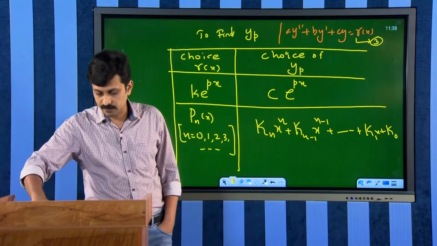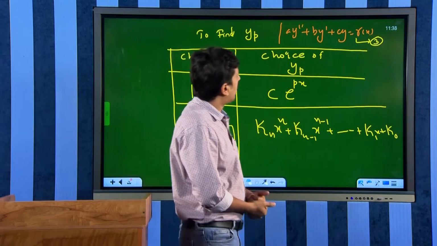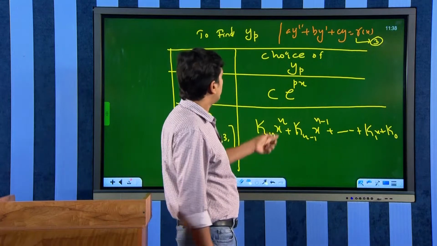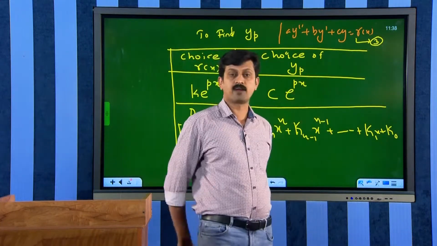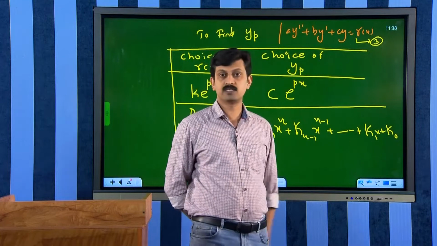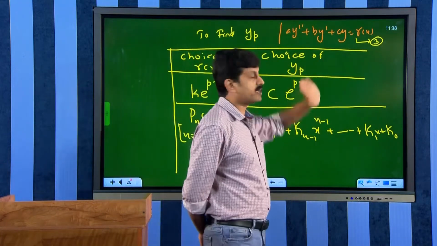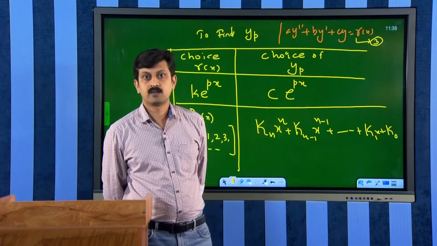Okay. If r of x is an nth degree polynomial, instead of yp we can apply yp as the nth degree polynomial, find yp dash and yp double dash, and apply them in equation 3.